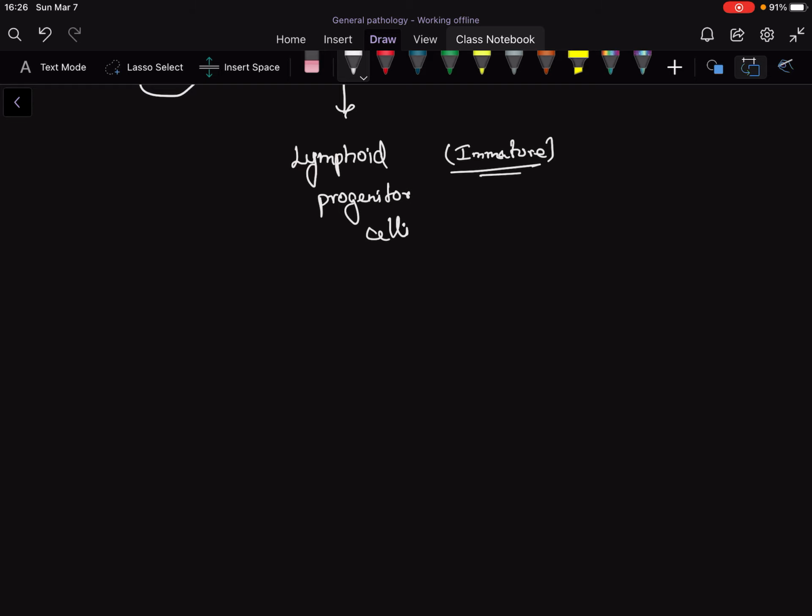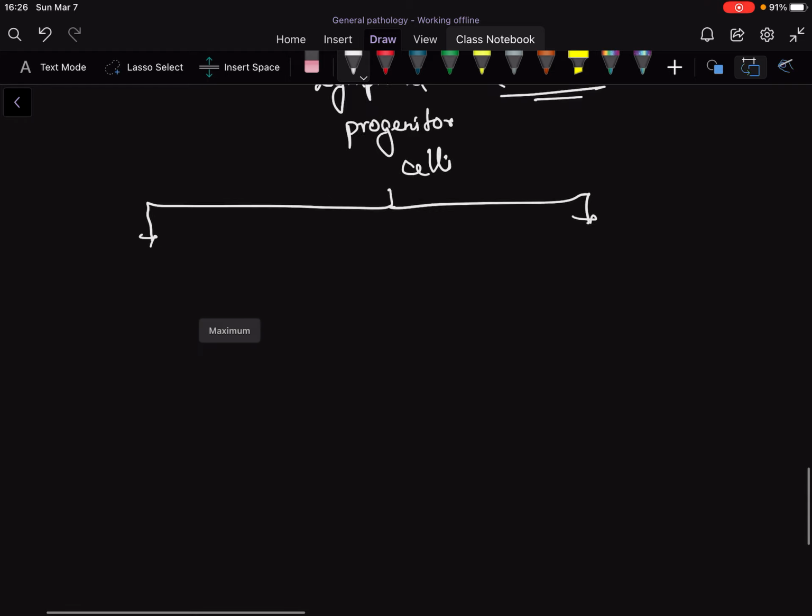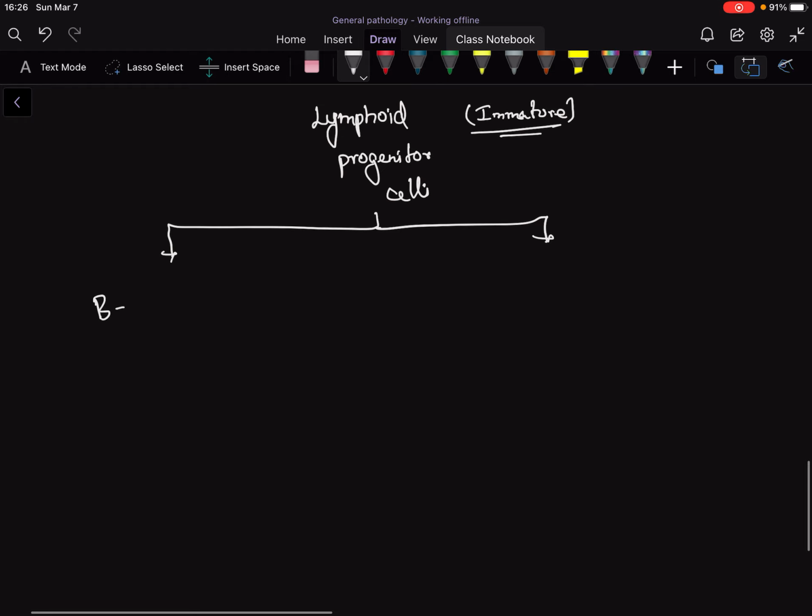They have two options: either they can be converted into progenitor B lymphocytes, or they can be converted into progenitor T lymphocytes.